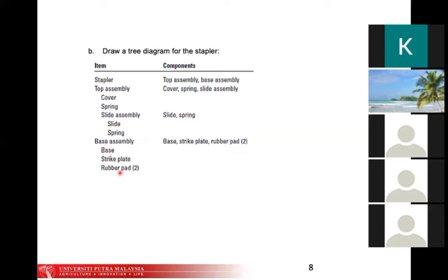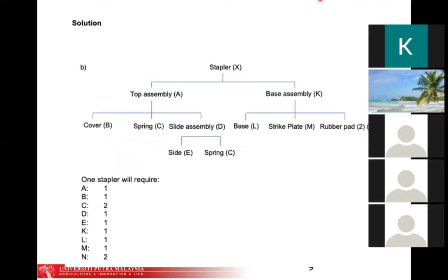So the answer for the diagram, the solution is like this. The stapler becomes X. To produce the stapler, we need 1 top assembly and 1 base assembly.